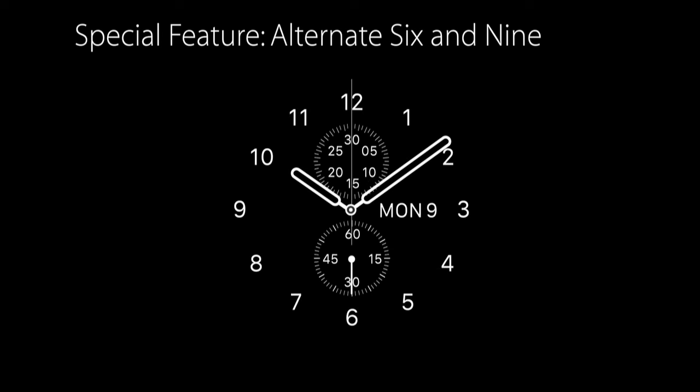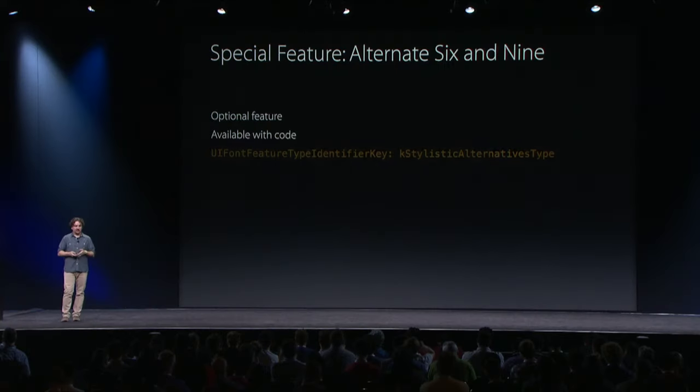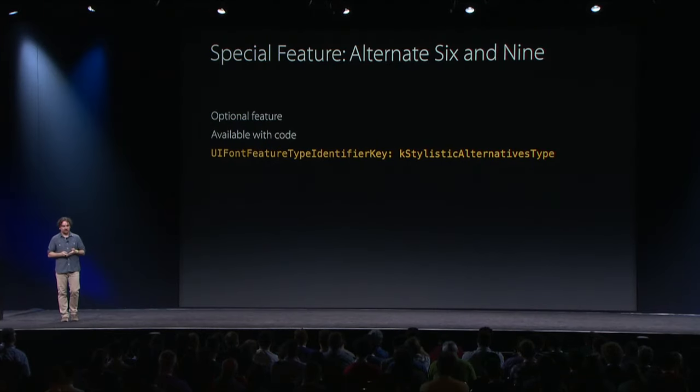And we use them in situations like the small dials on the watch. We use them on the serial number on the back of your watch. But you can also use them in serial numbers where the context is not enough to tell you what you are looking at. So because their usage is context dependent, we don't actually turn it on for you automatically. But it's available with this feature code that you see.